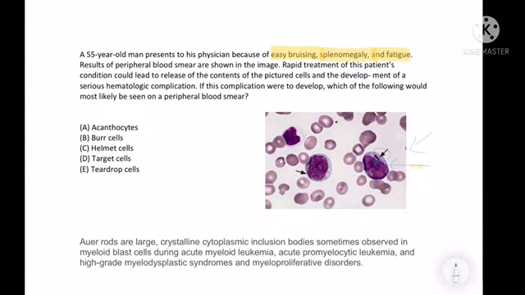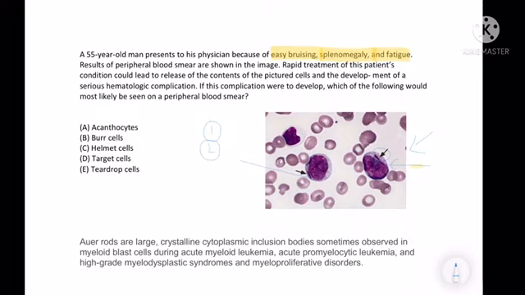These are all most likely the sign of some sort of blood cancer. So they're asking that we need to find, number first, what type of inclusions are these. Number second, if these inclusions are seen, what type of hematological disorder can we find such inclusions in?